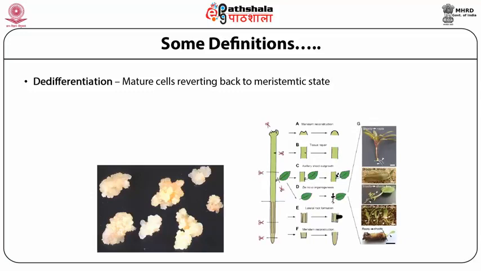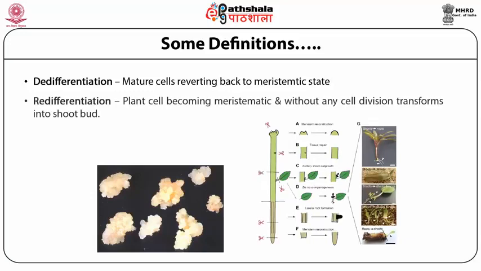There is another possibility: the plant cells become meristematic and, without any cell division, transform into shoot buds. This process is called redifferentiation. So differentiated cells redifferentiate into something different.